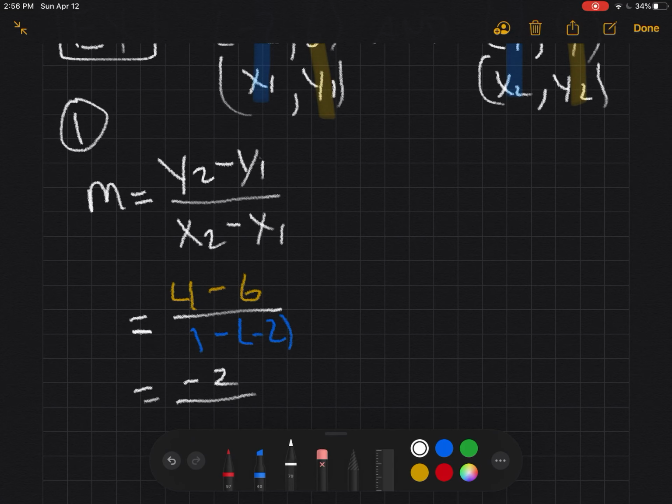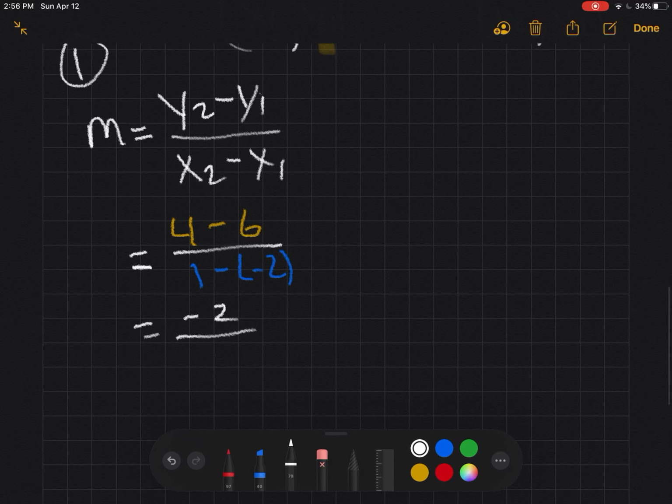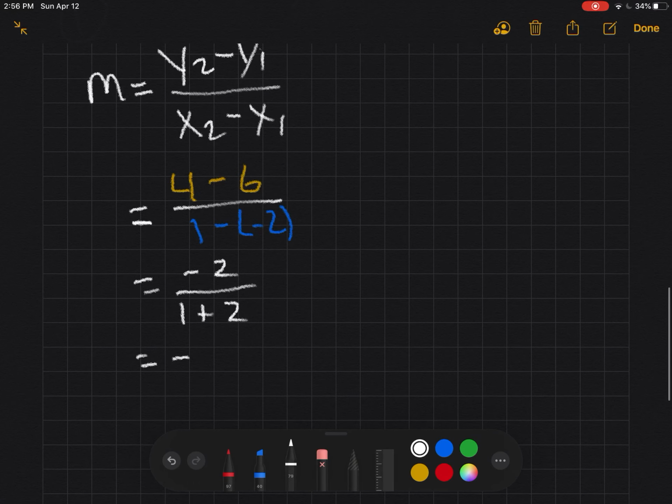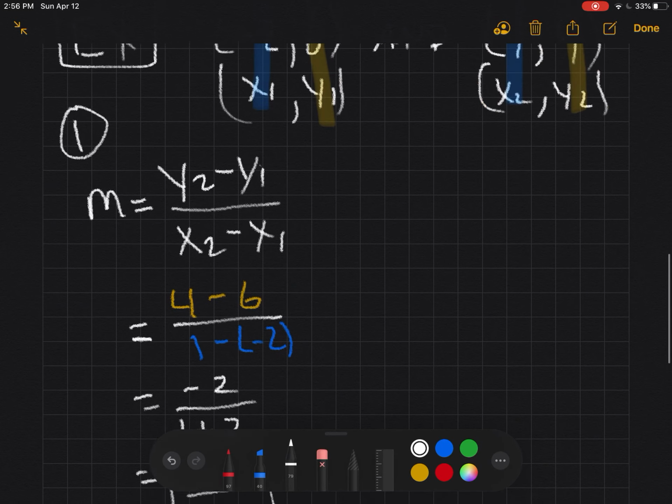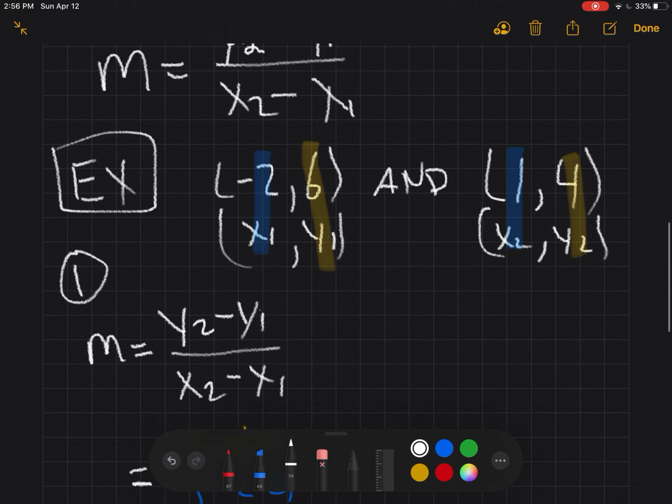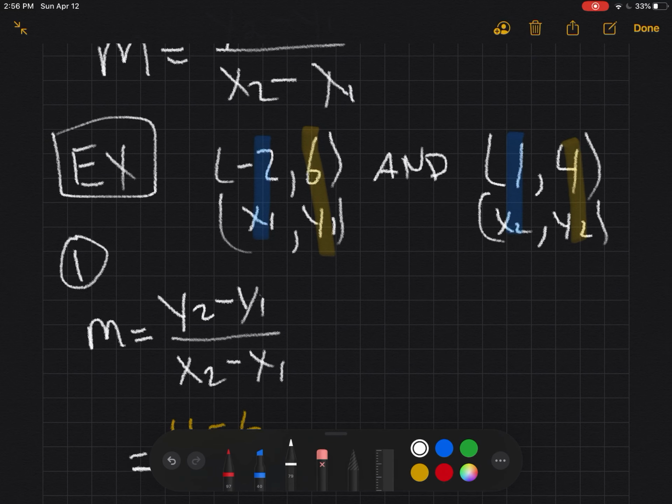And this will be our slope. All right. That's going to give us 4 minus 6 is -2. 1 subtract -2 is the same as 1 plus 2. So then that gives us -2 over 3. And that would be our slope for that.